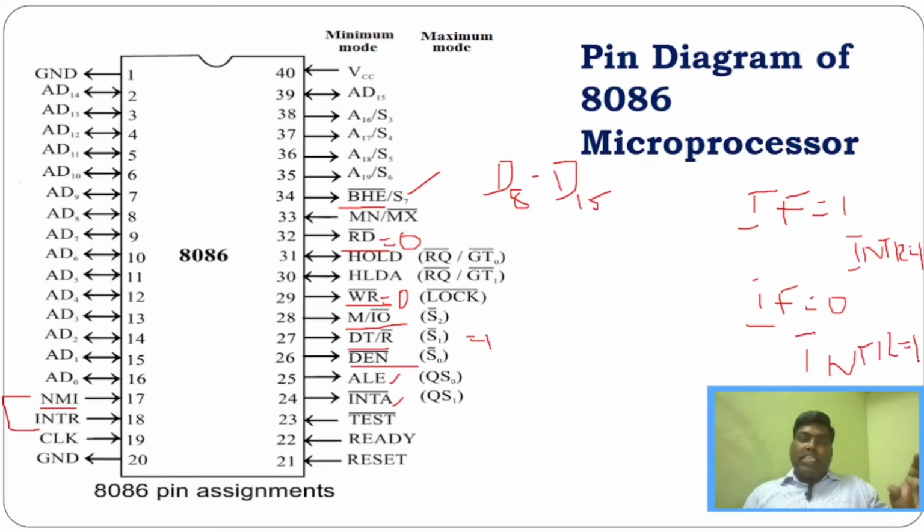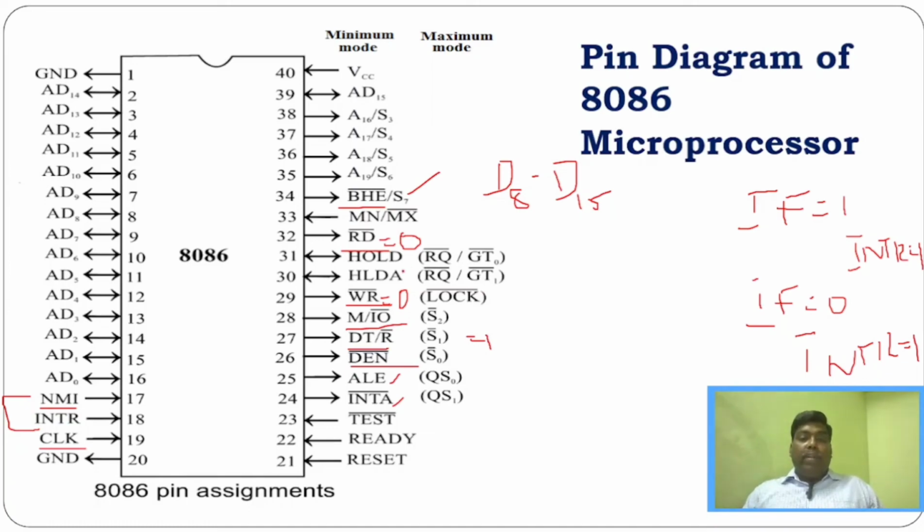So non-maskable interrupt and INTR are the two interrupts in 8086. And we have a clock signal for internal timing operation, and we have different versions of the clock signal, where 8 megahertz and 10 megahertz clock signals can be used. And I already said we have 2 ground pins to reduce the power dissipation.